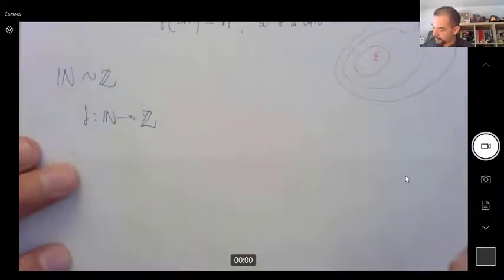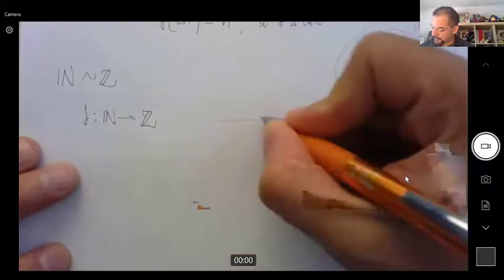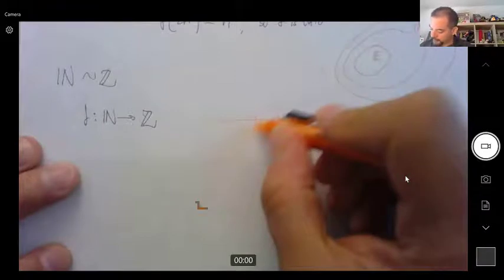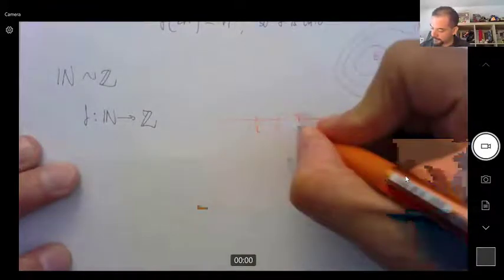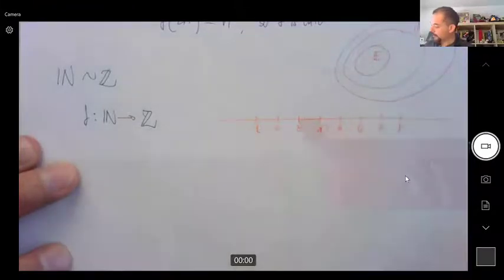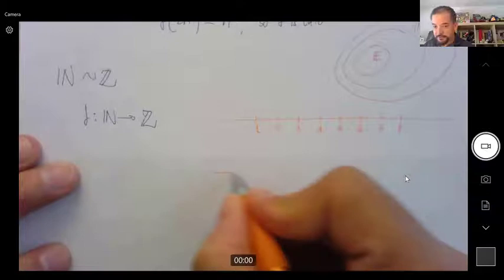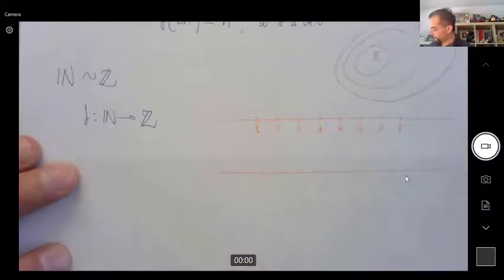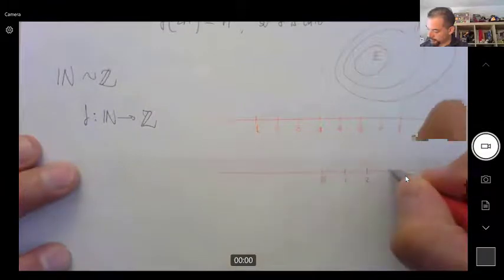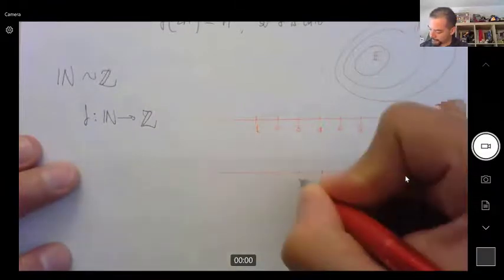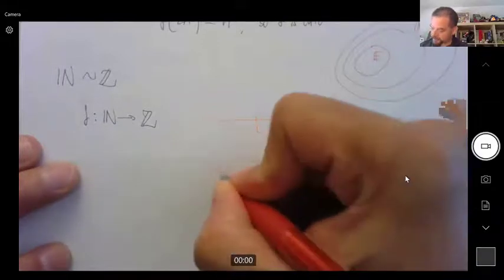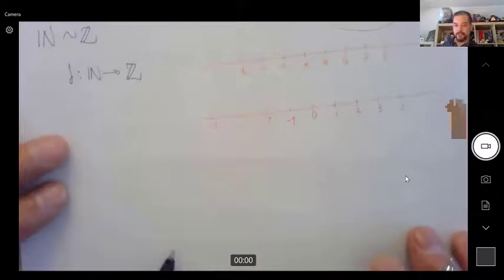So here's a picture of the natural numbers. We start at 1, my bad. 1, 2, 3, 4, 5, 6, 7, 8, etc. And here's a picture of the integers. 0, 1, 2, 3, 4, and then -1, -2, -3, etc. Right? So what do you think? How can we make it work?